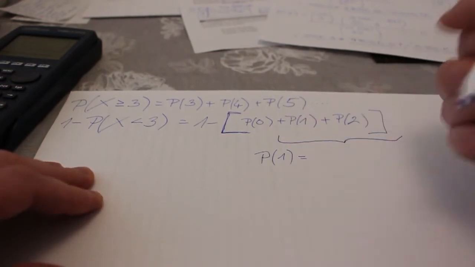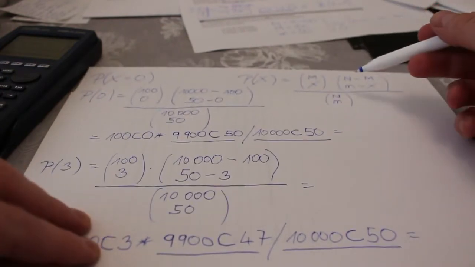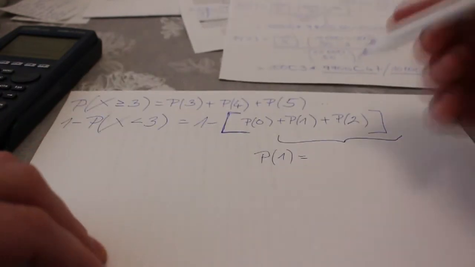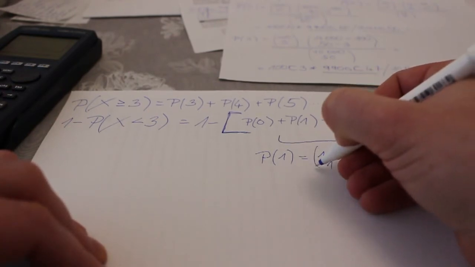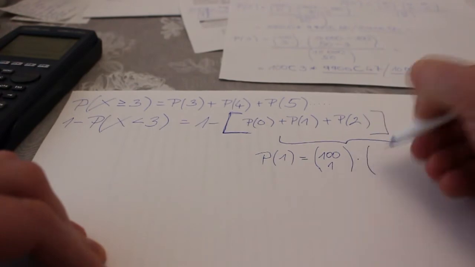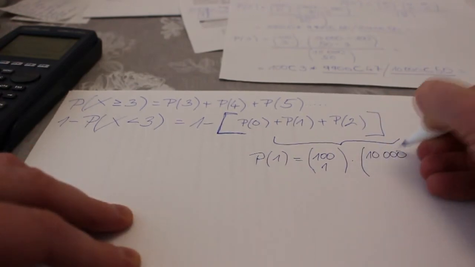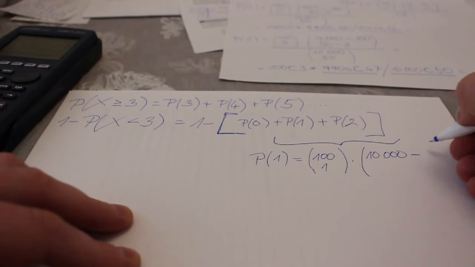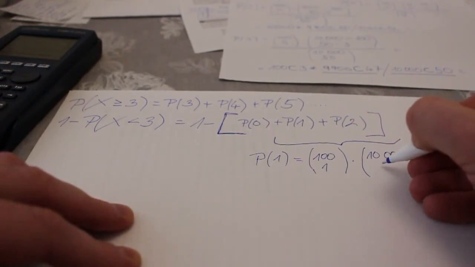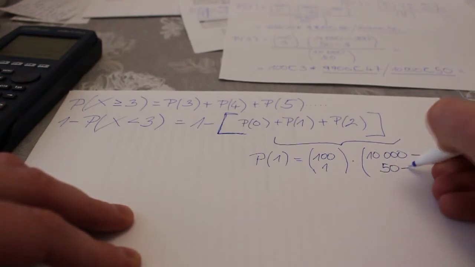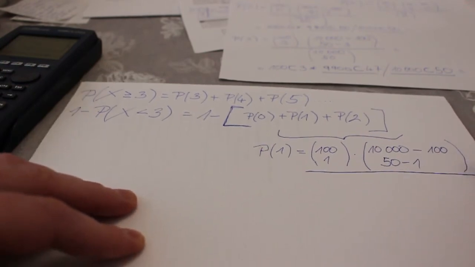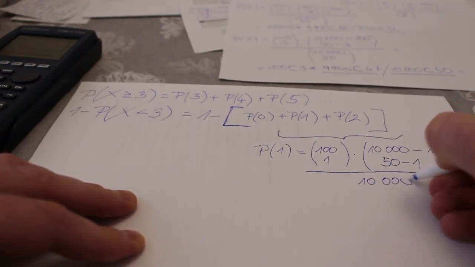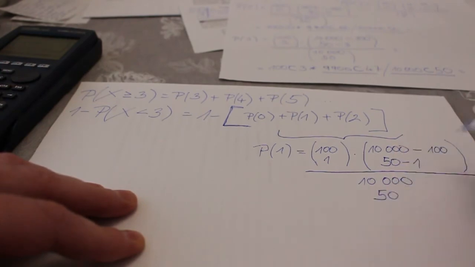left-handed person. So according to this probability function, there will be 100 above 1 times 10,000 minus 100 above 50 minus 1, and this will be divided by 10,000 above 50.